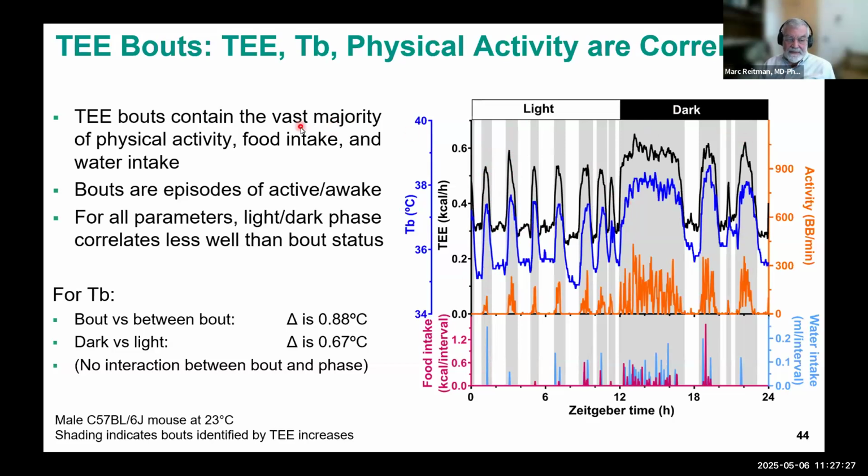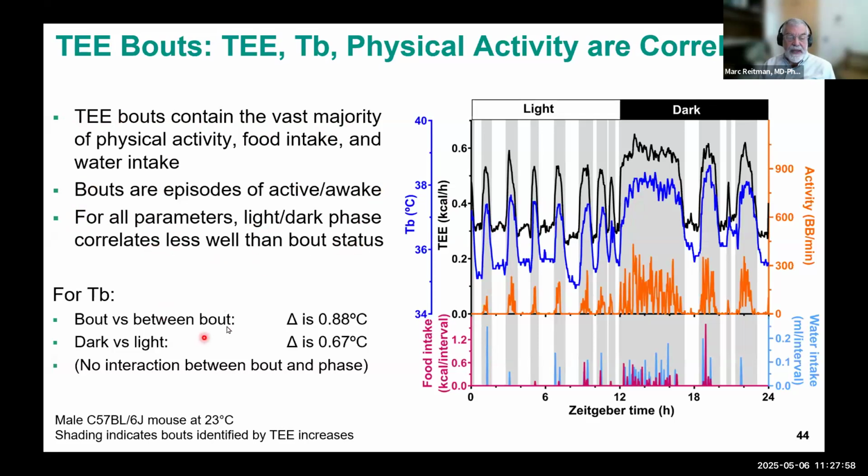And these energy expenditure bouts contain the vast majority of physical activity, of food intake, of water intake, and they have increased body temperature. And then we did EEGs and EMGs and showed that these bouts are really episodes of active awake.